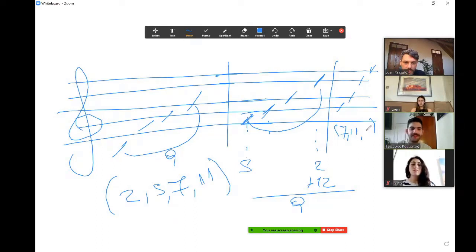Yes. 11 and 2 and 5. 5 and 2. 17, 10 is the interval. The outer interval. So now on Sol, Si, Re, Fa. Exactly. So what's the outer interval? 10. Very good. And then, well, we can do another one.